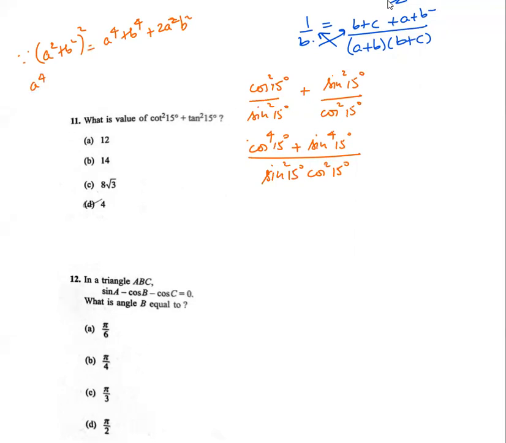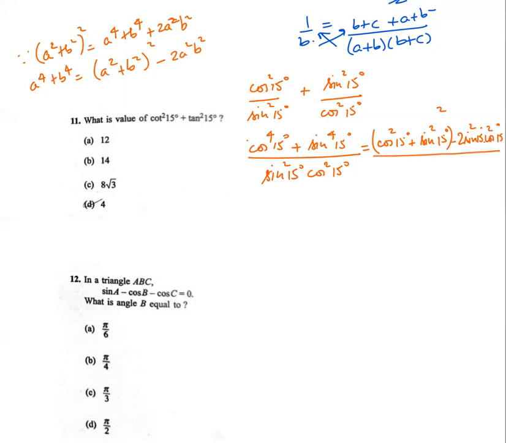Can I write a power 4 plus b power 4 as (a square plus b square) whole square minus 2a square b square? I can do that, right? So I can write this as (cos square 15 degrees plus sine square 15 degrees) whole square minus 2 into sine square 15 into cos square 15 degrees, whole thing divided by sine square 15 degrees into cos square 15 degrees.